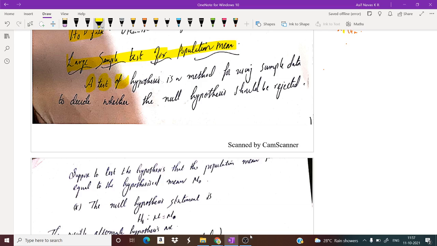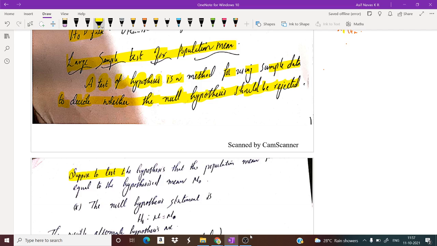A test of hypothesis is a method for using sample data to decide whether the null hypothesis should be rejected or not. So using the sample data, we decide whether the null hypothesis is rejected or not. This is the process of testing of hypothesis.